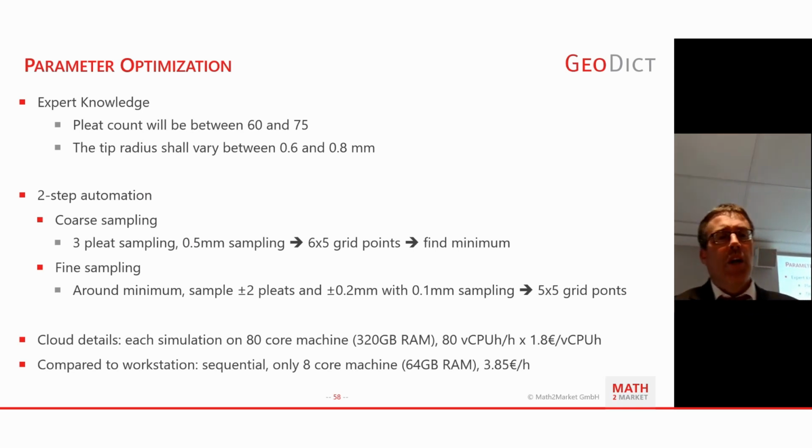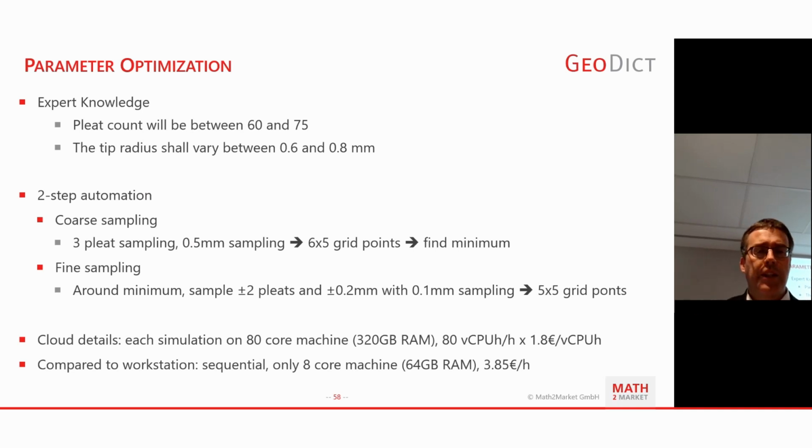First, the coarse sampling, with the pleat count in steps of 3 and 0.05 millimeter sampling in our tip radius. So that would be 30 samples, 6 by 5, and we'll find the minimum of that. And if we find that minimum, we do a fine search, this time with a pleat sampling of 1 and a 0.01 millimeter sampling.